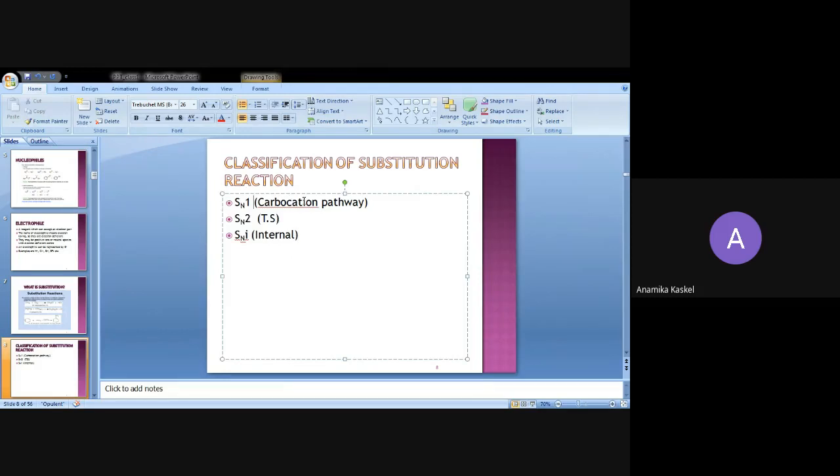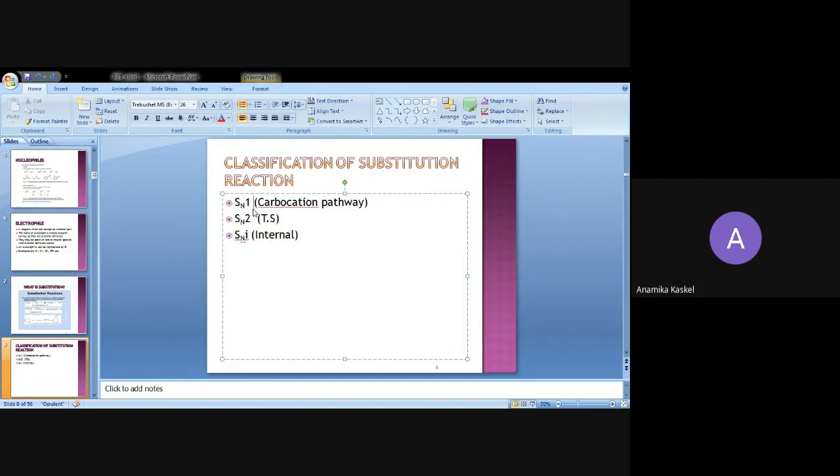And the last one is Sni. What is the meaning of Sni? Sni means this is the new thing. Substitution, nucleophilic, I stands for internal. So we can classify the substitution reaction into 3 parts.